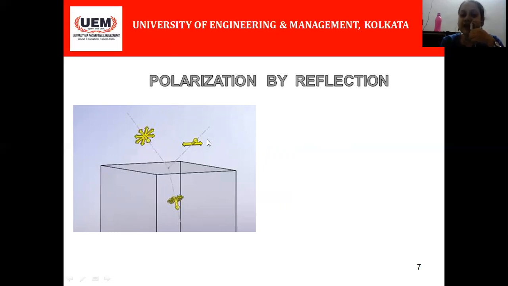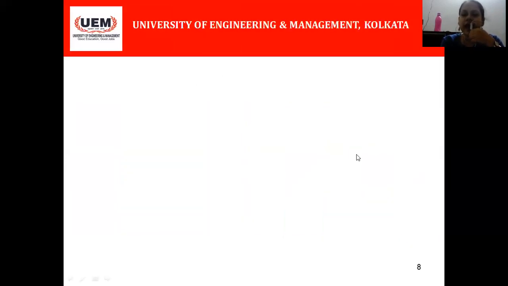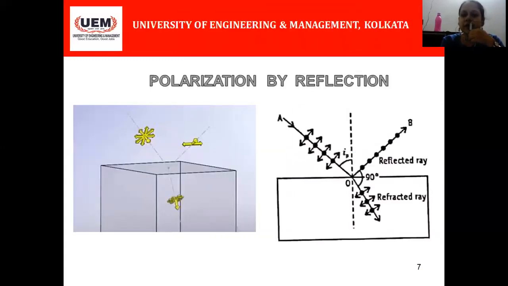But the reflected light, for a certain special angle of incidence, which we are going to speak about, for a certain specific angle of incidence, gets completely polarized. And here we have a two-dimensional view of the phenomena. Here you see that the light is incident at a particular angle of incidence, IP, which is known as the angle of polarization.